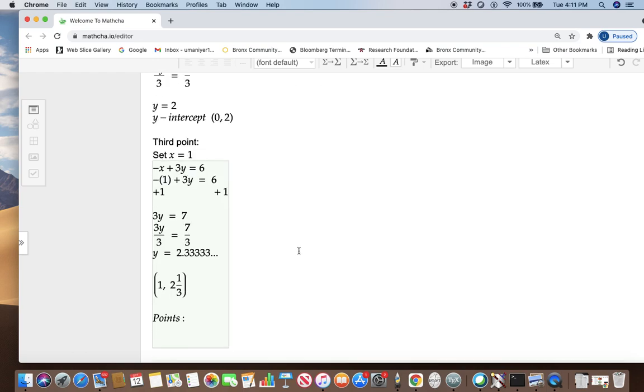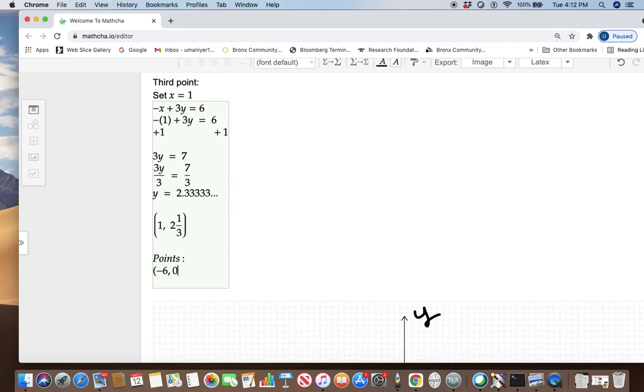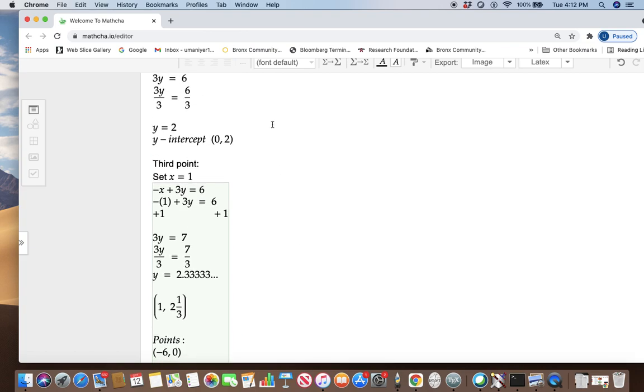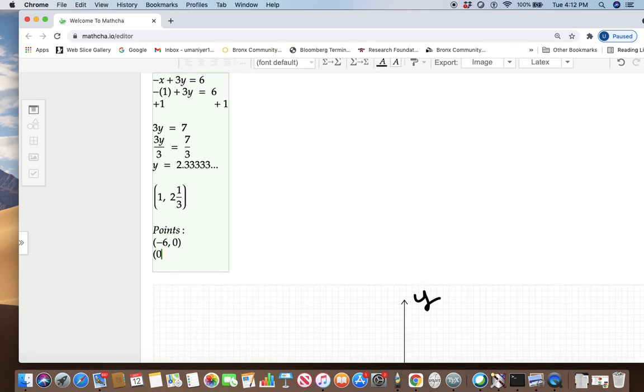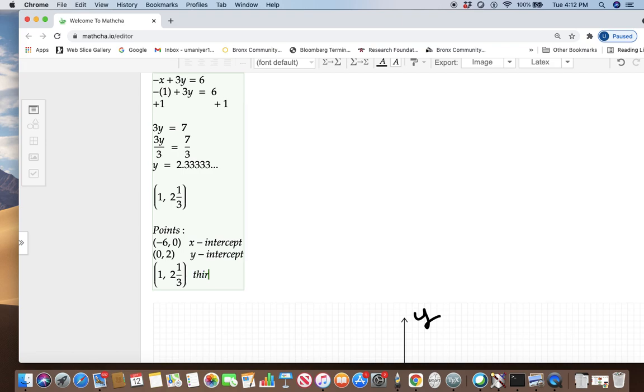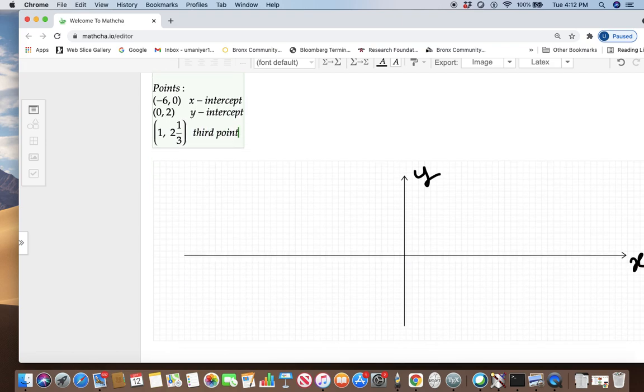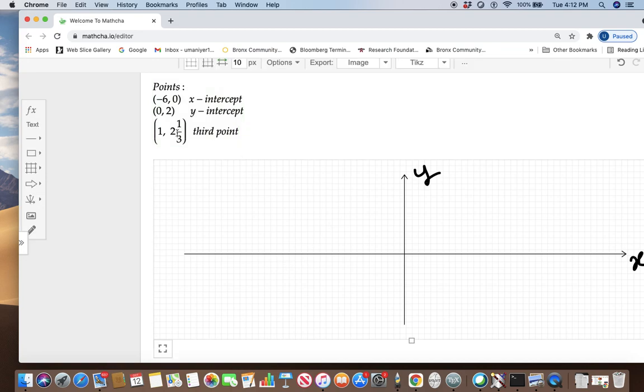X-intercept, negative 6, 0. Y-intercept, 0, 2. And the third point, 1, 2 and a third. Okay, so this was your x-intercept, this was your y-intercept, and this was simply your third point. So let's use these 3 points to graph our line. Start with the x-intercept, negative 6, 0.